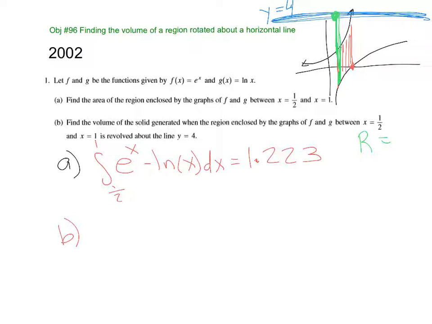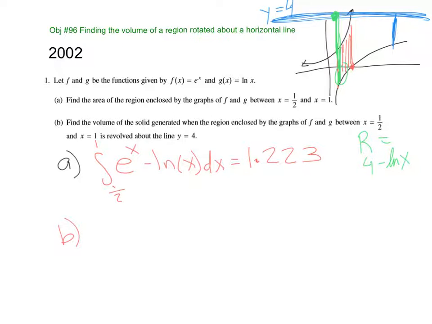So think about it. Come up with an idea. It's going to be 4 minus ln of x. Because if you think about it, if we did over here, this distance would be the whole thing all the way to here.